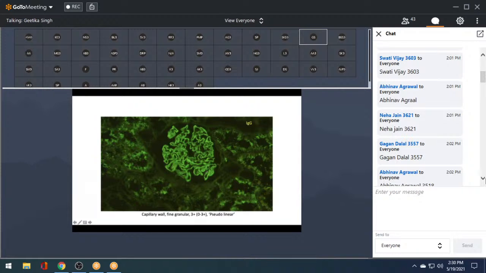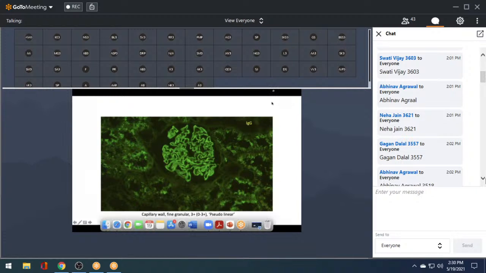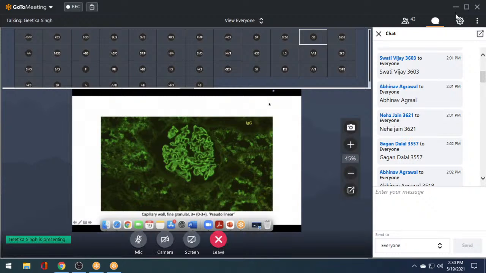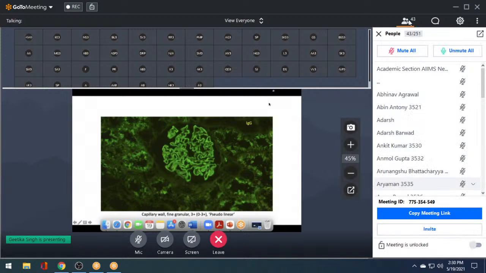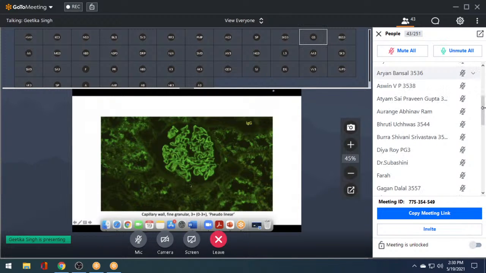Can somebody tell me what the EM of this patient would be? Do you know? PGs would know. Dia? No? Okay. So subendothelial deposits. Subendothelial.